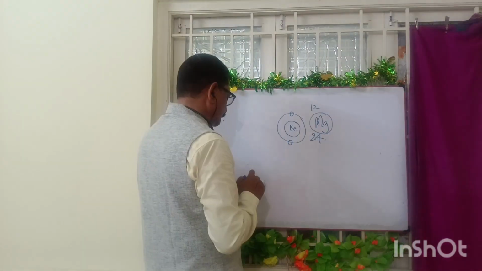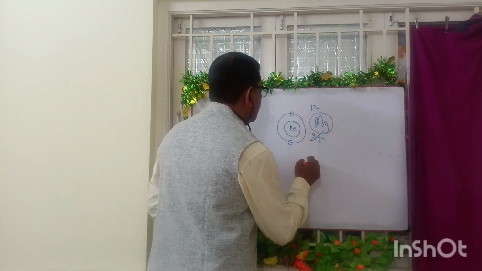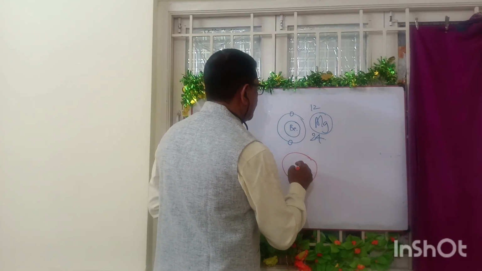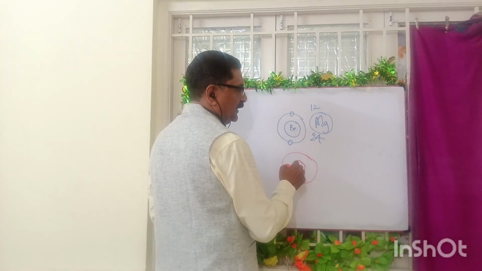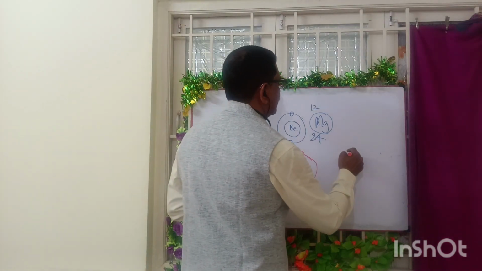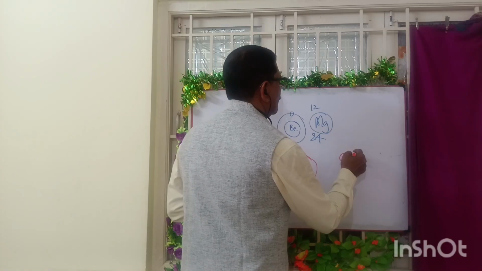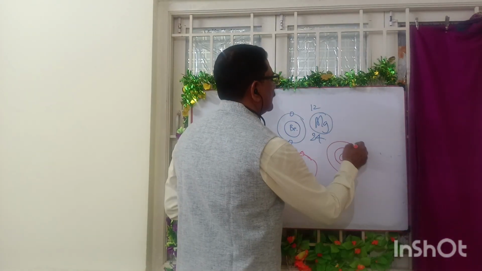So when you draw beryllium, now for magnesium, you write Mg inside. This includes the nucleus and the inner orbits, and outside there will be 2. Calcium is also like that: the nucleus as well as the inner orbits. Outside there are 2.